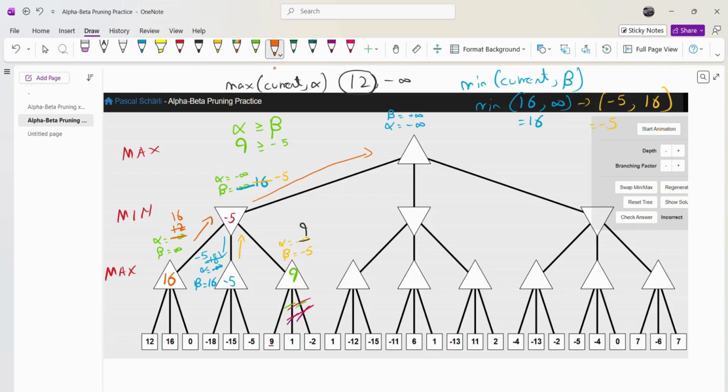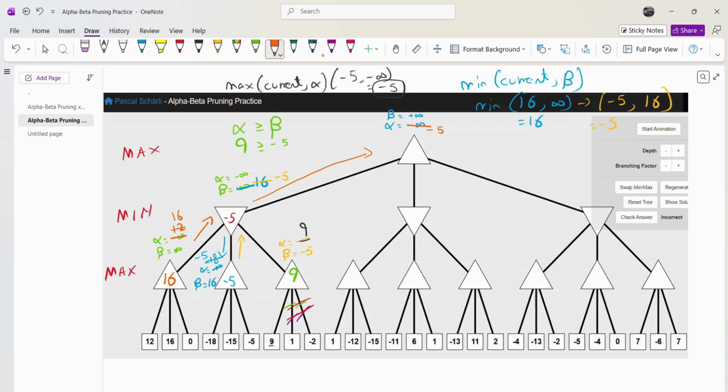And what will be done now is a comparison between the max value and the current value. Over here we have the max value as negative infinity and the current value is negative 5. So it's between negative 5 and negative infinity, for which minus 5 is the greater value. So the alpha value gets changed to negative 5.